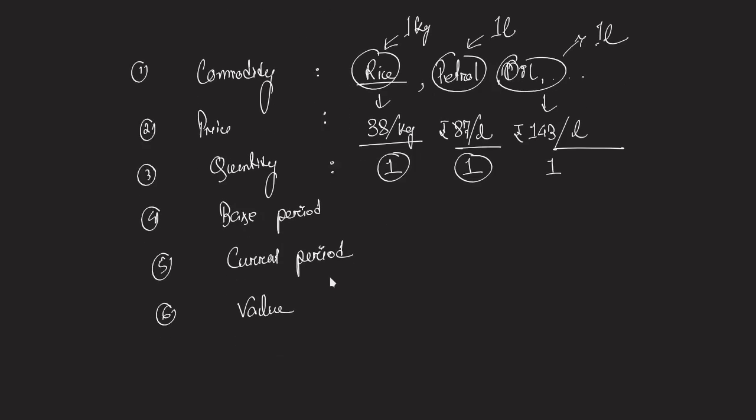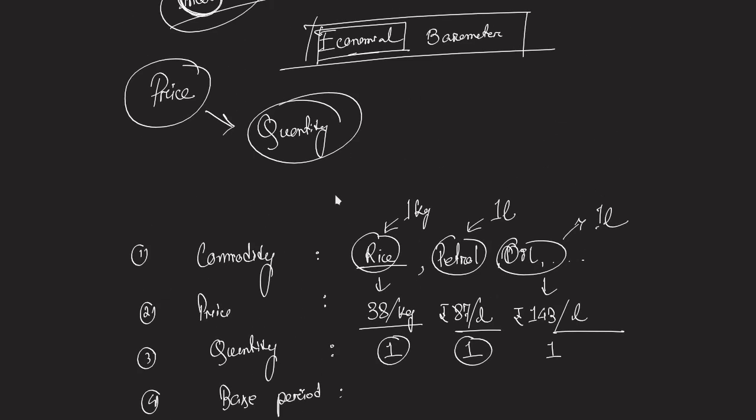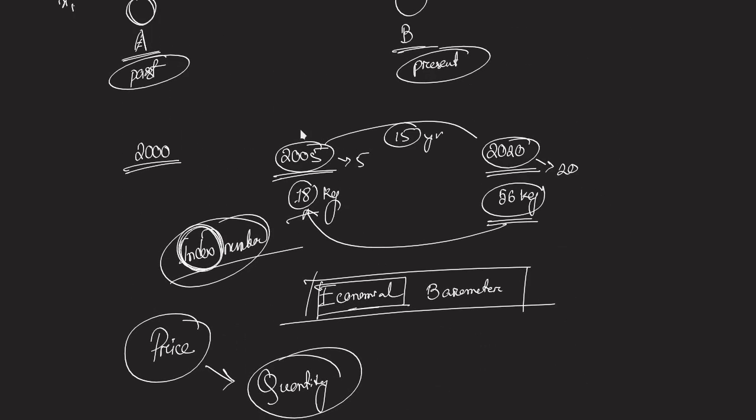So base period is basically the reference with which we compare. In our earlier example we compared with respect to 2005, and from there we compared to the present. You have this point and you want to compare it with this point, right?